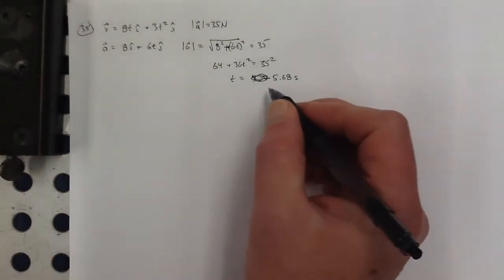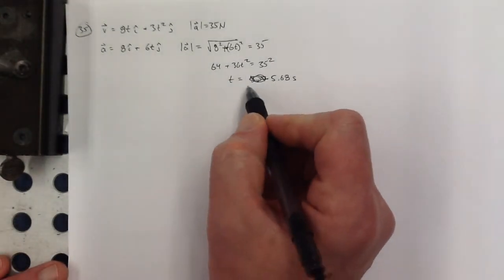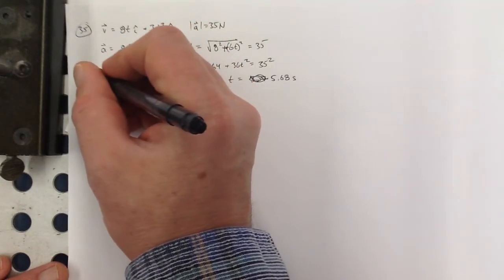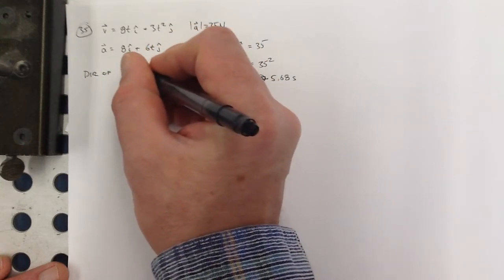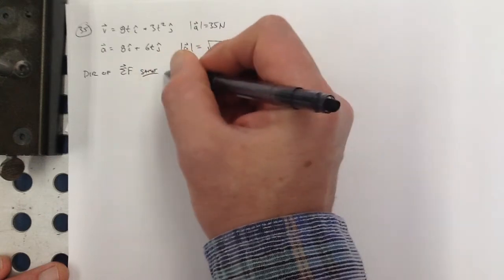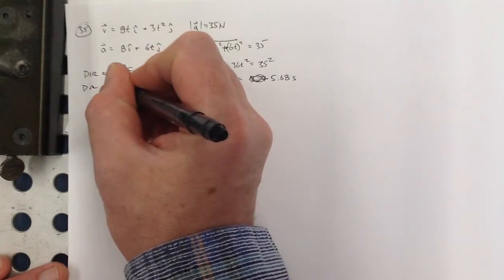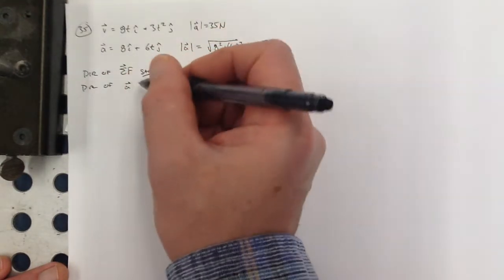Okay, so here is the deal with that. We know that the direction of net force is the same as the direction of the acceleration, because net force equals mass times acceleration.